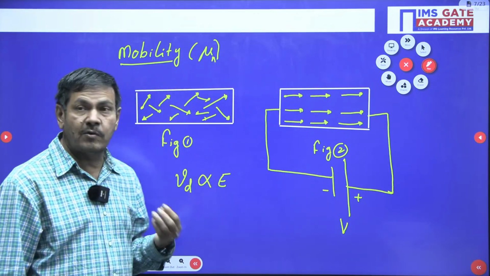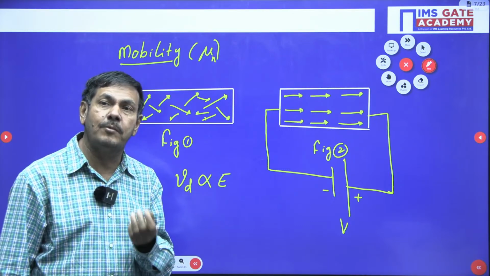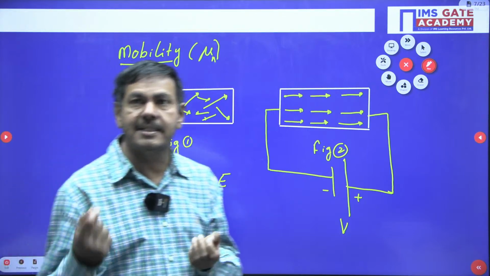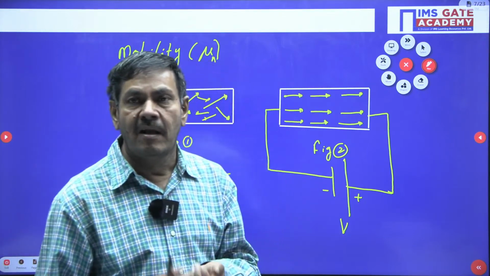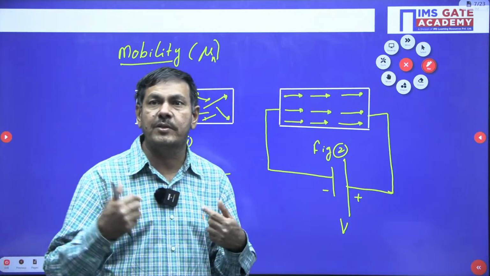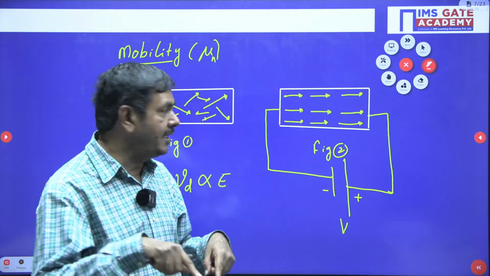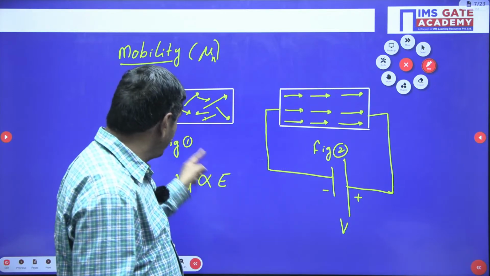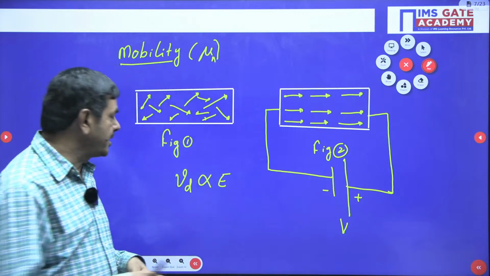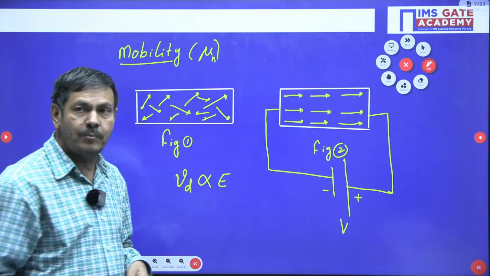The free movement of electrons is called mobility. We need to calculate how much free movement of electrons exists in the conductor. To calculate it, we take the mathematical formula of drift velocity, and using the drift velocity we can determine the mobility.